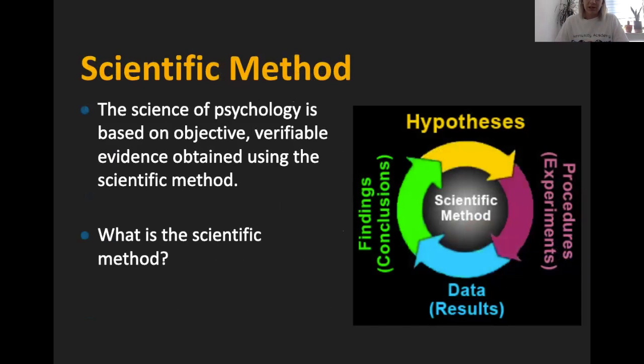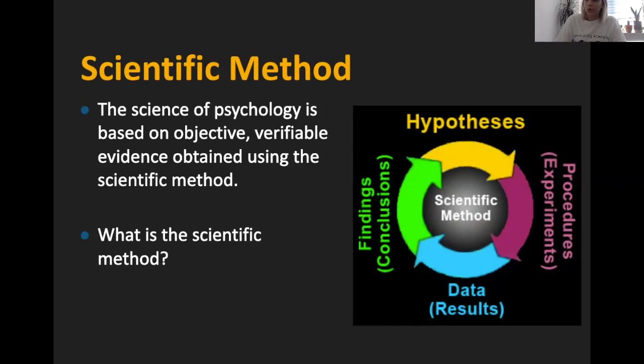You've probably heard of the scientific method before in your other science classes. So psychology is a science, and science is based on objective, verifiable evidence obtained using the scientific method, which is on the right here. So we always start with a hypothesis, or if you will, an educated guess that is based on theory.